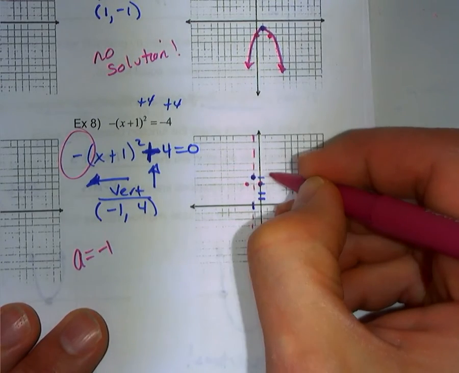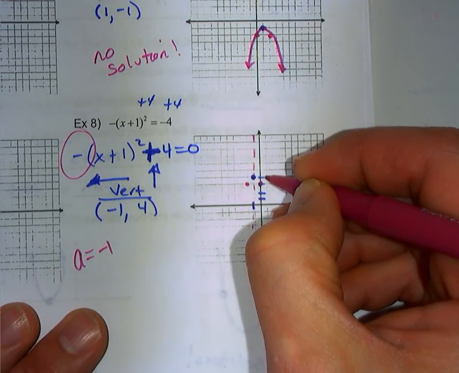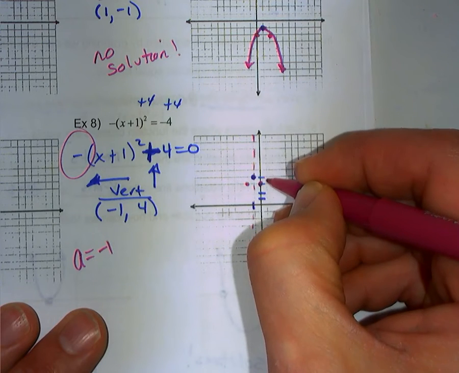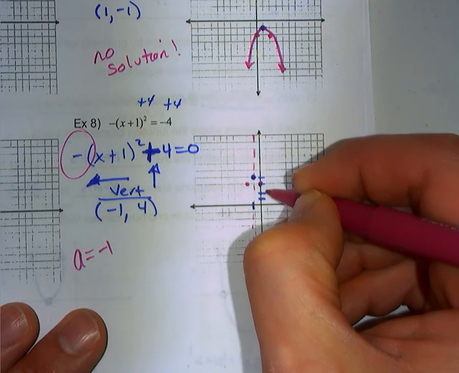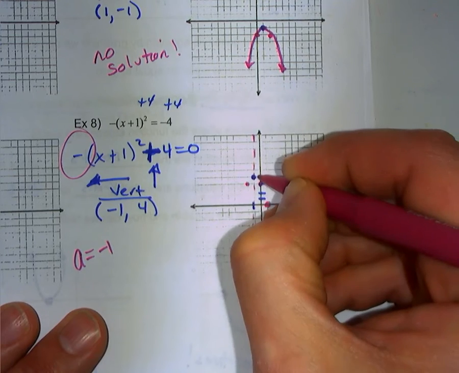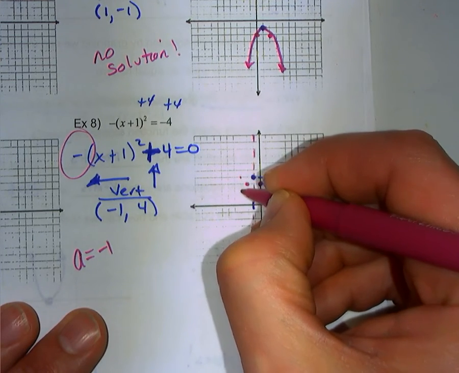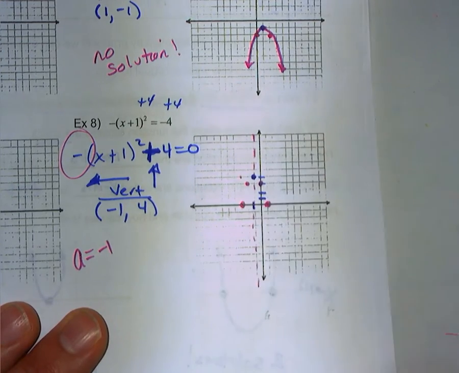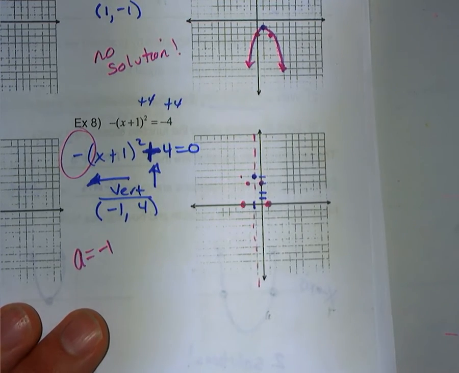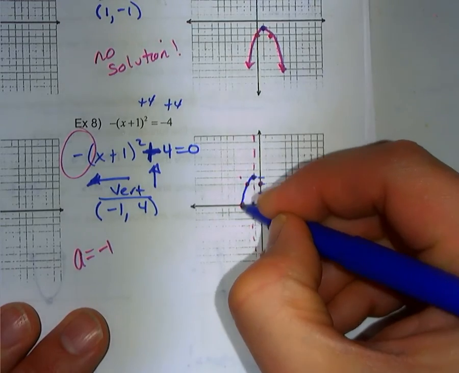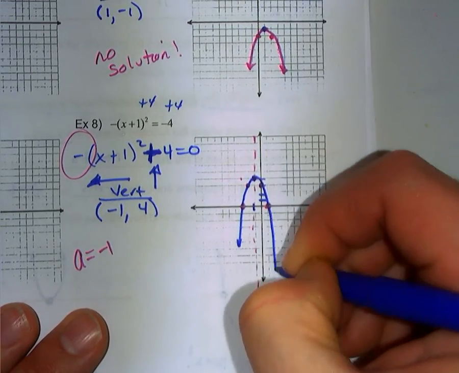Over 2, 1, 2, and down how many? 4. 2 squared is 4, but down because it's negative. 1, 2, 3, 4. Over 1, over 2. Now we go down 1, 2, 3, and 4. That's all I need. I'm trying to find out where does this thing touch or cross the x-axis.